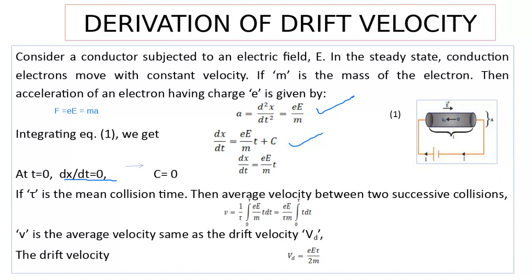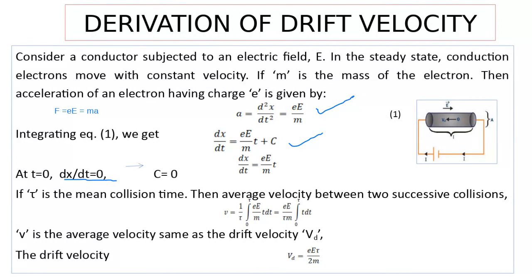Because when we have not applied an electric field, that doesn't mean no velocity of electron is there. But when we have applied an electric field, they get velocity. Before that, the average velocity is zero due to the random motion of electrons. And that's why we also said that when we apply an electric field, there is an interplay between acceleration and collision.